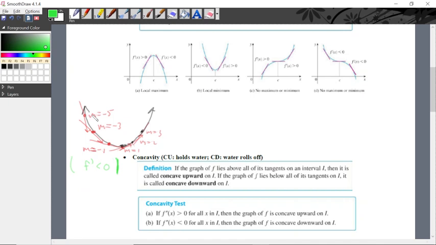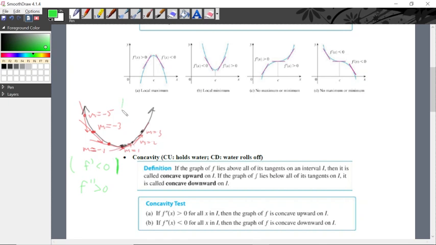But because the value of f prime is increasing, right? We have f prime is -5, then -3, then -1. Okay, then within this entire region, it would also be true that f double prime is greater than 0. Right? So we have the first derivative is negative, but the second derivative is positive along this portion of this curve.